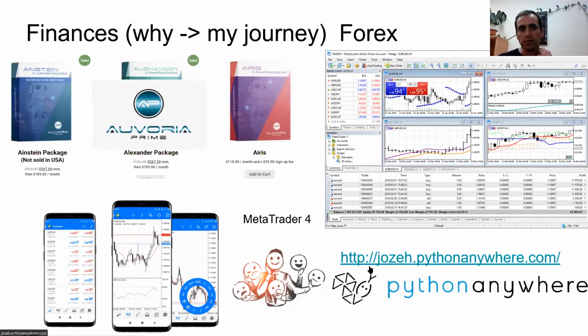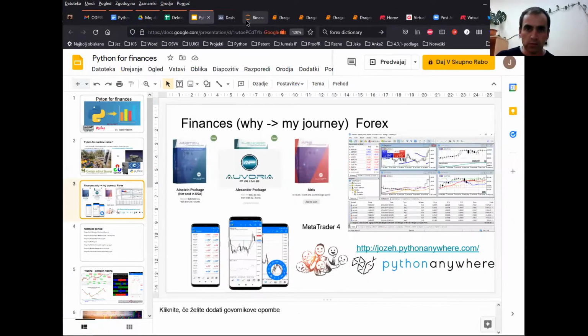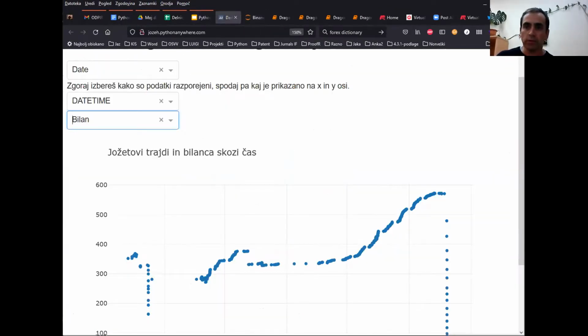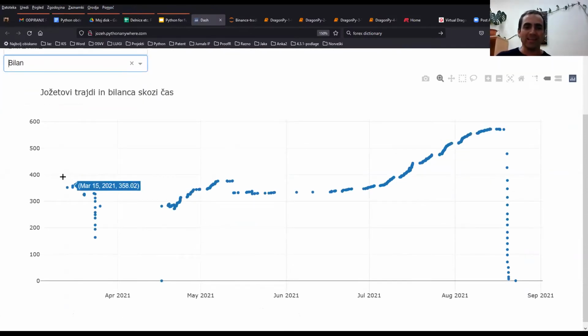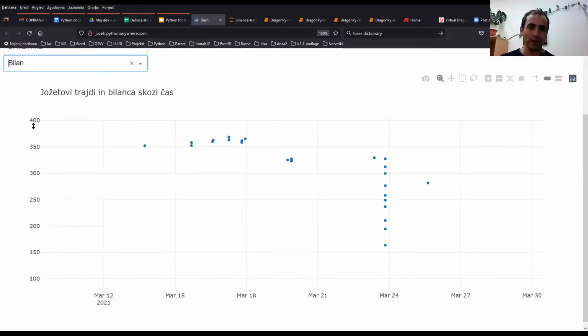but I'll show my data. You see, okay, I created one dashboard with my trades and how I lost money. So this is how I did it with MetaTrader, and this first part was with the robot. I used it with just a small amount of money. But I set the robot too aggressively, so I broke it.